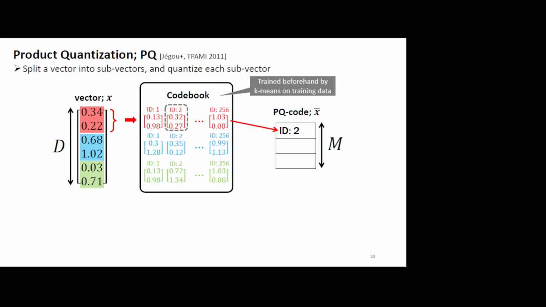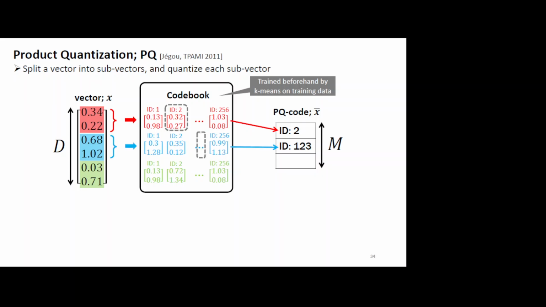Suppose the second centroid is the smallest compared to the vector. So your first code is 2, because I have the smallest distance with the second centroid. So here I make a record.